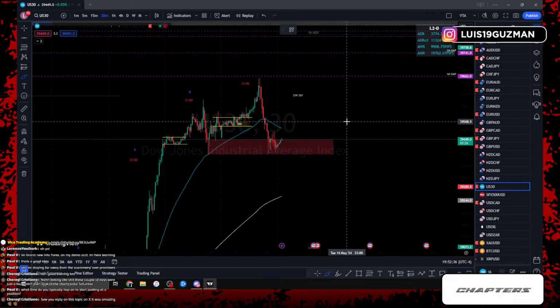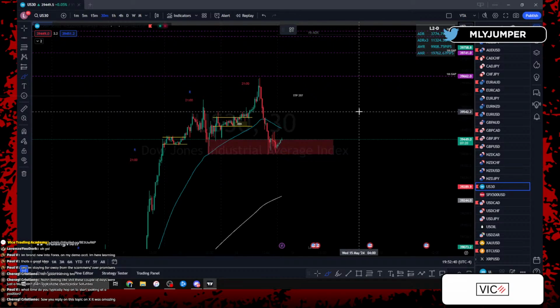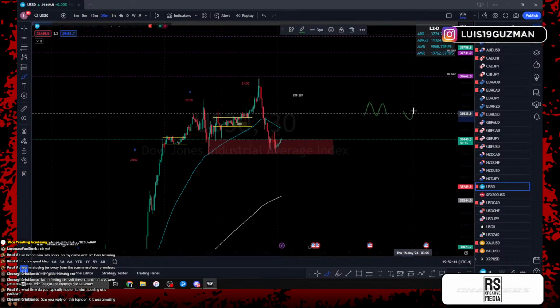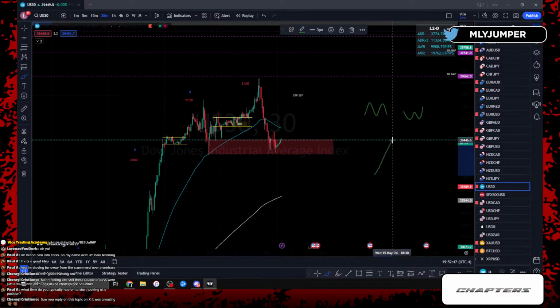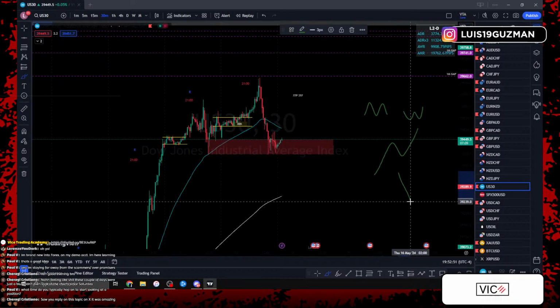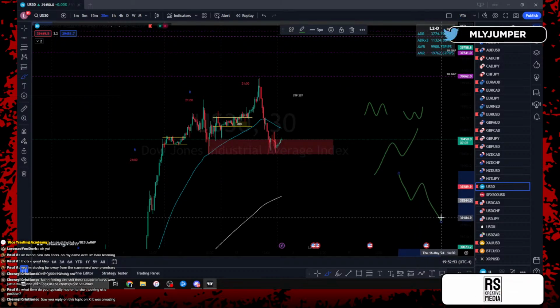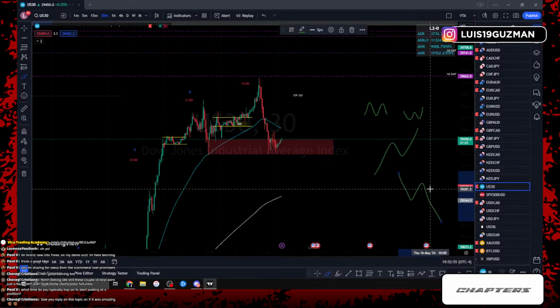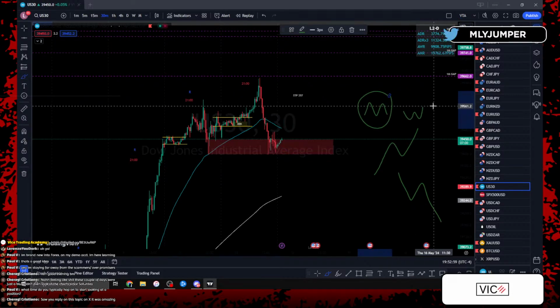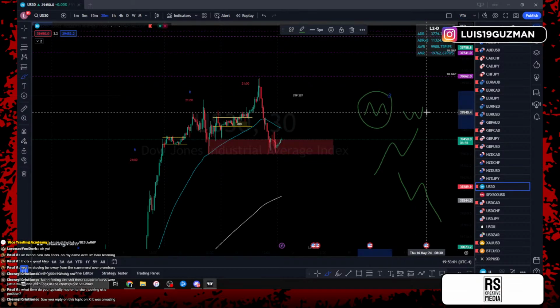Why? Because again, ICT, iMarket Live, all these people, they're gonna teach you what a double top is. They're gonna teach you what a double bottom is. They're gonna teach you what a bullish flag pole is. They're gonna teach you what a bearish flag pole is. But what they're not gonna teach you is which ones work, which ones don't work, and the reasons why.